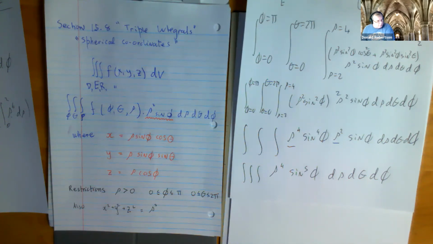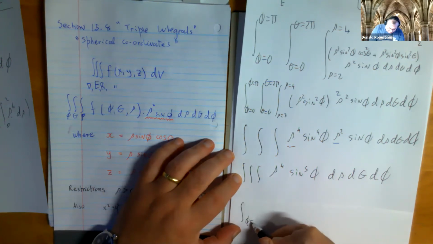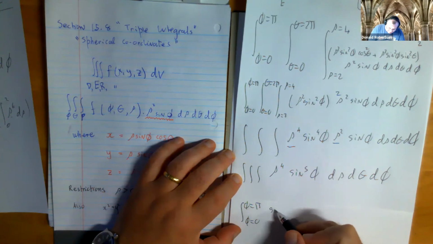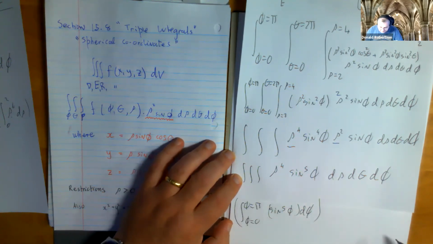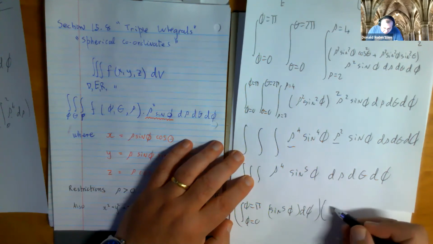Another variable separable world. And the outside one is going to be the phi from 0 to pi, is going to have that fella done. The theta is pretty easy because there isn't any.